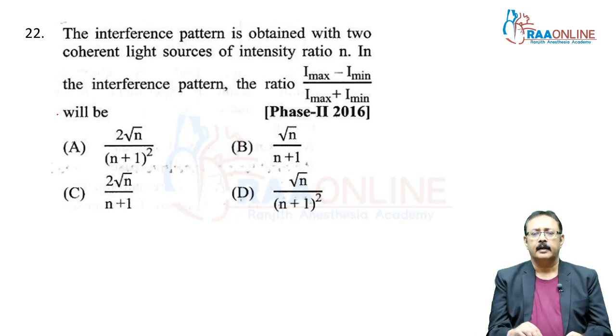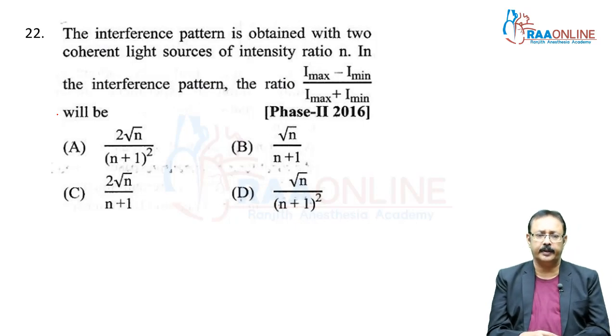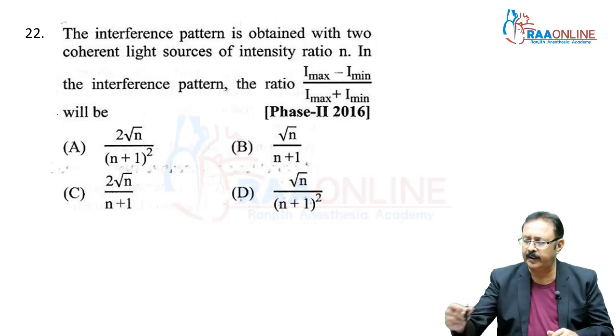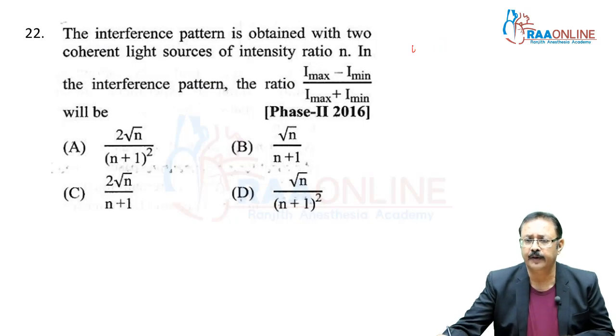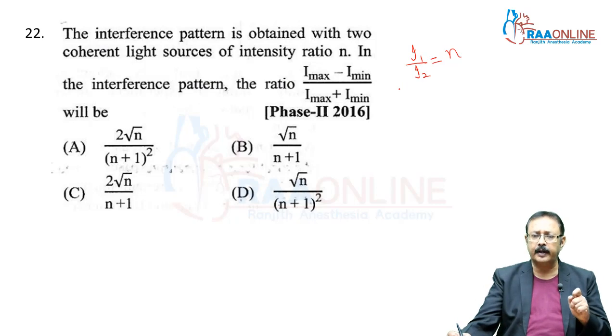Next, it is from Phase 2, 2016 AIPMT. The interference pattern is obtained with two coherent light sources of intensity ratio n. What are they giving? I1 by I2, two light sources whose intensities are in the ratio n:1. We want to calculate I maximum minus I minimum upon I maximum plus I minimum.